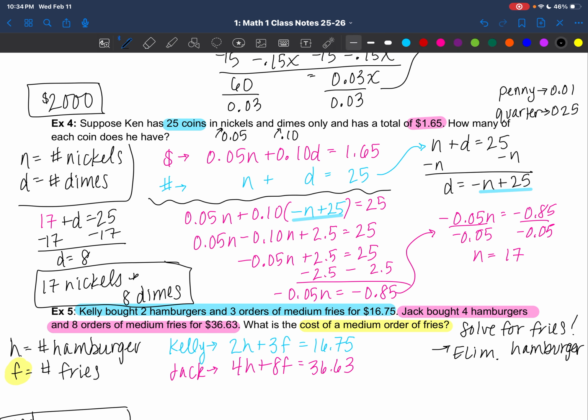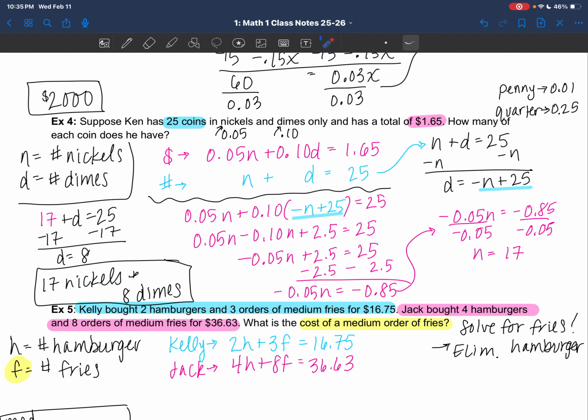So when we're setting this up, it really only gave us two numbers to deal with. So there's a lot of inferred information. Inferred information means this is just stuff that you need to know. All right, so we need to know nickels are 0.05, dimes are 0.10, so that's their value.